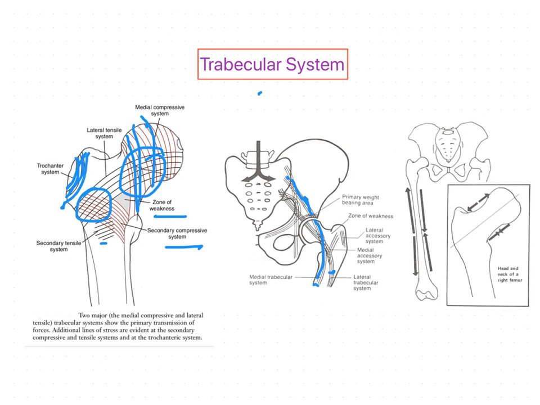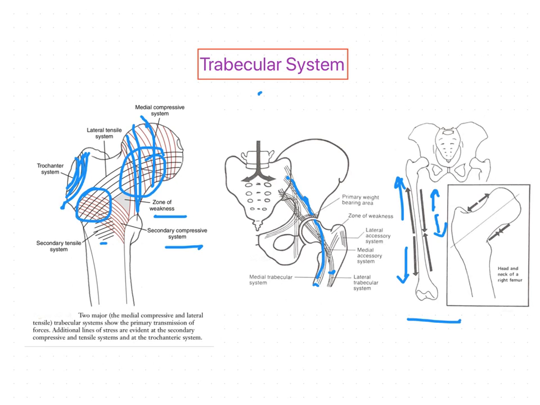So in this picture you can see the forces on the medial aspect undergo compressive forces, and on the lateral aspect you'll have the tensile forces. Okay, so this is about the trabecular system.